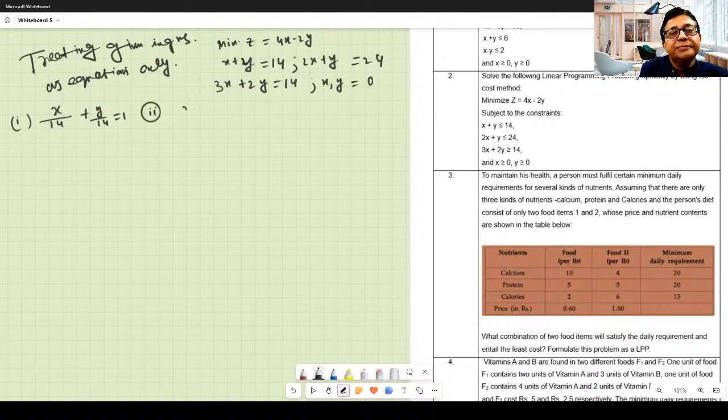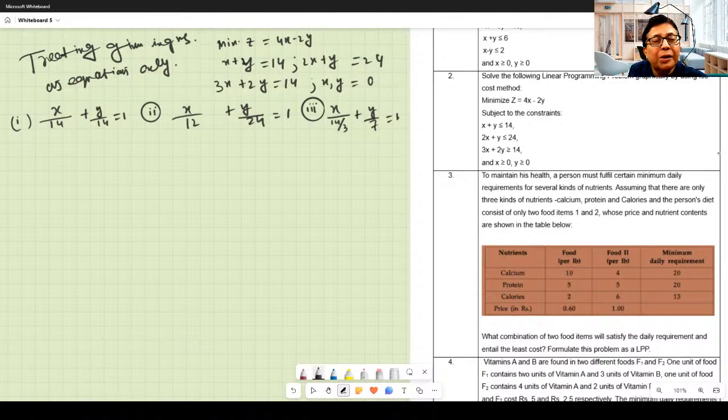Second line, x by 12, y by 24 equal to 1. Third one, x by 14/3, y by 7 equal to 1.